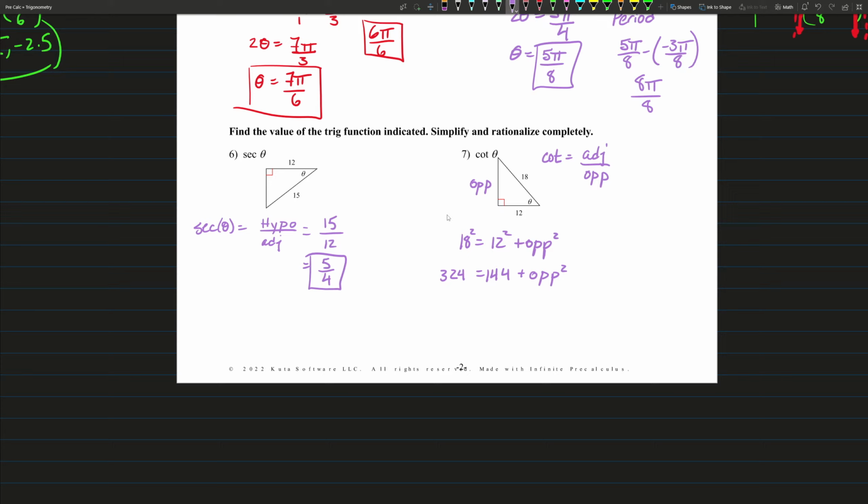If we subtract those, we get 180. And then we need to take the square root. So the opposite is equal to the square root of 180, which we need to simplify.